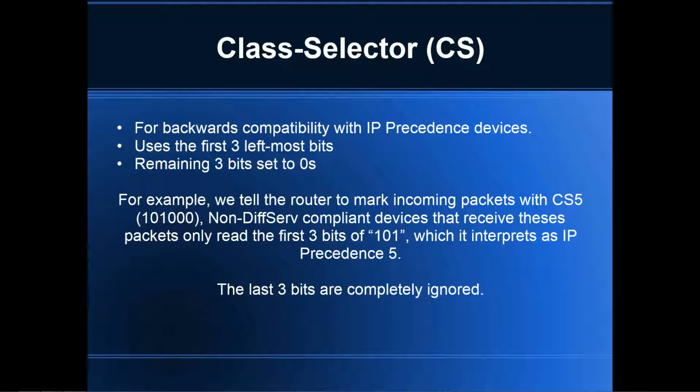Class selector. Again, with the IP precedence, it's going to use the first leftmost bits in the header. But again, it's all about being able to represent the IDs 0 through 7 in binary. That's why it's using the first 3 bits. 0 will be all 3 zeros.